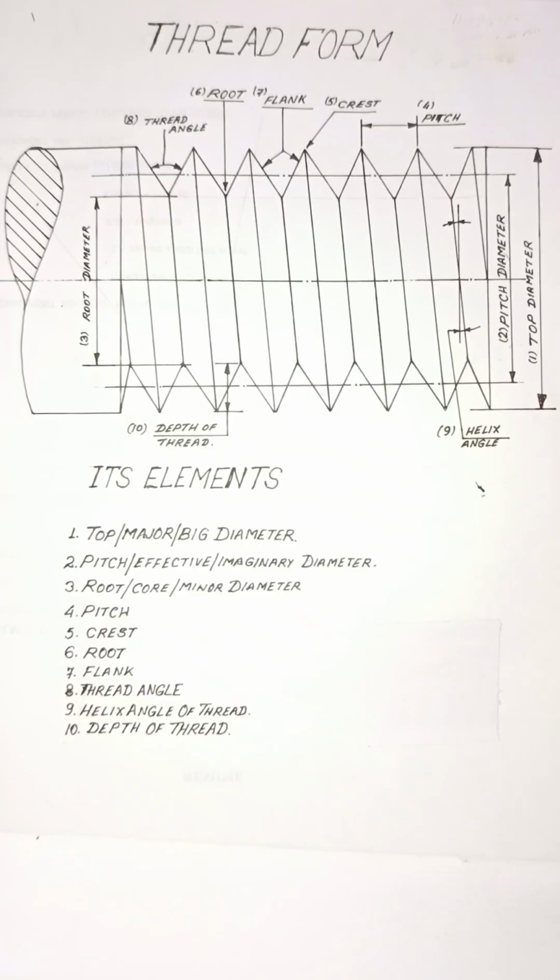If you produce thread by a thread grinding machine, just like taps and machine spindles, all are finished by grinding. There are big thread grinding machines. There it is very important to set this helix angle.